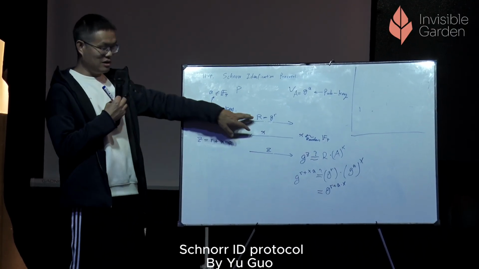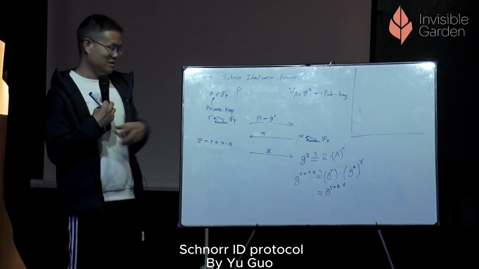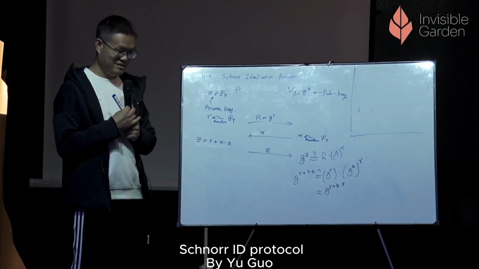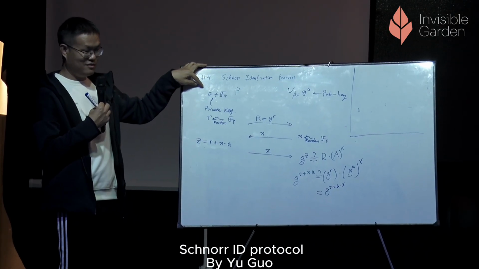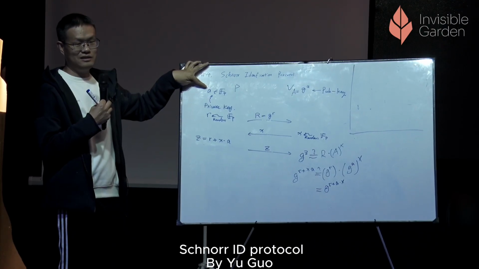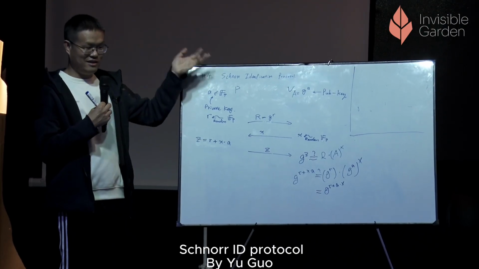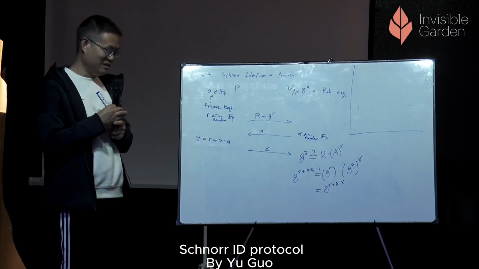If the random number is reused, the verifier can get the private key of the prover, and then the verifier can impersonate the prover.